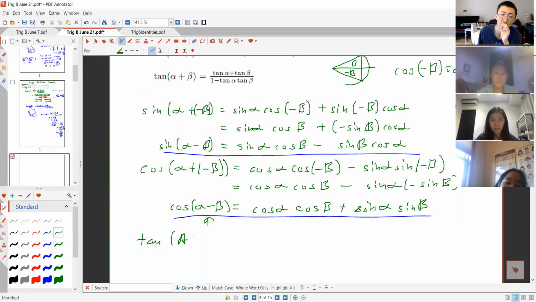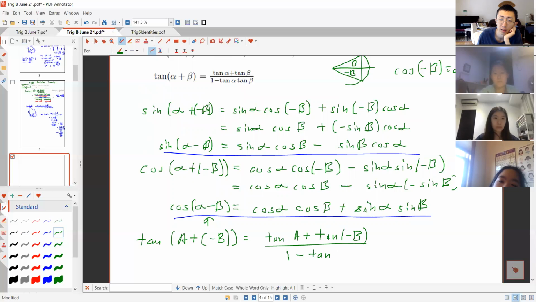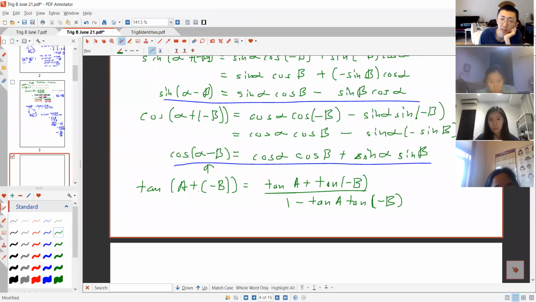So tangent, I'll just write it like A minus B. The tangent addition formula was tan A plus tan B over 1 minus tan A tan B. So B was negative B, since that's what I plugged in for the second variable. So what's tangent of negative beta, in terms of tan beta or B?